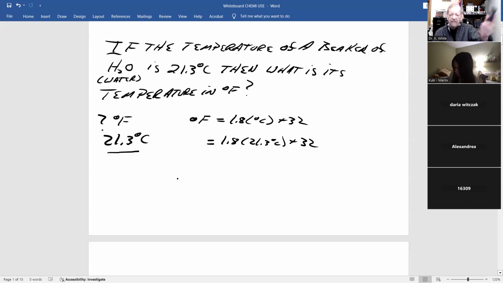And now I'll pick up my trusty calculator, clear it. You do the multiplication first, 1.8 times 21.3. I get a number. Then I add to that plus 32. And my calculator gives me this number.